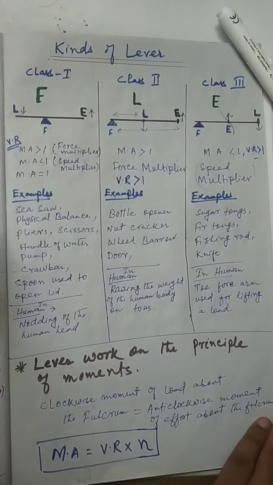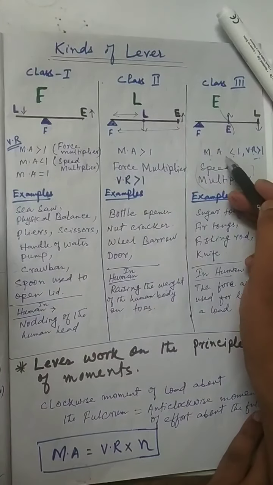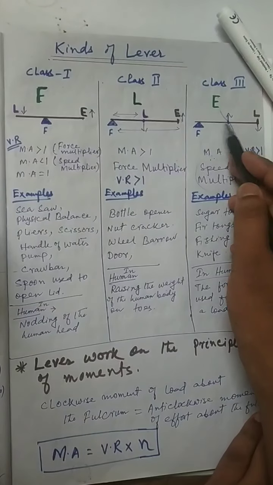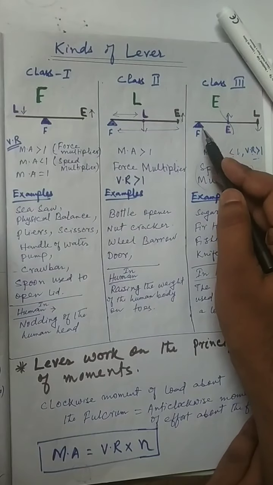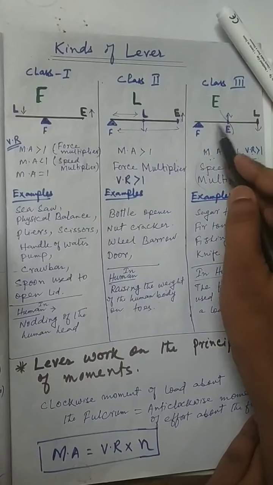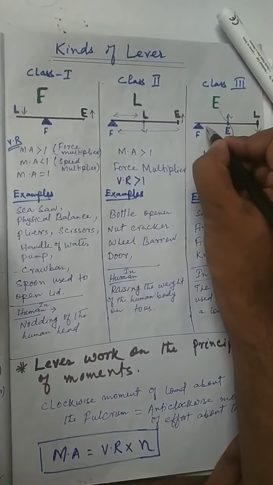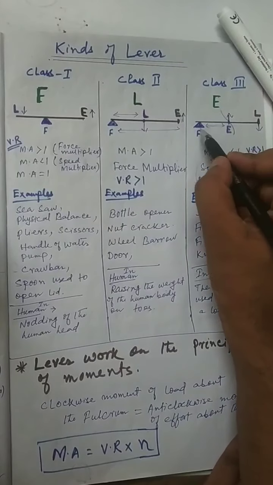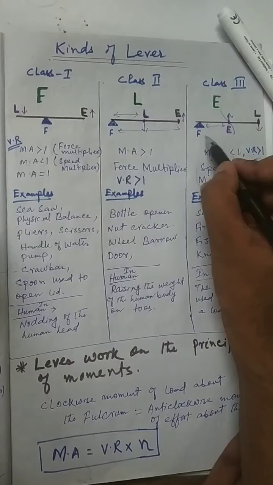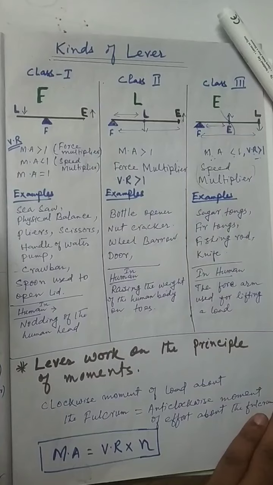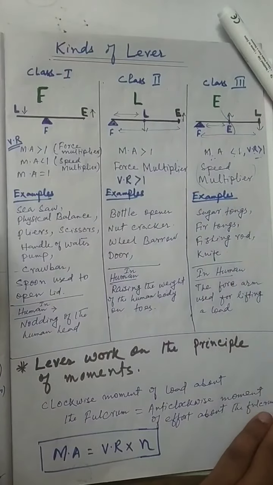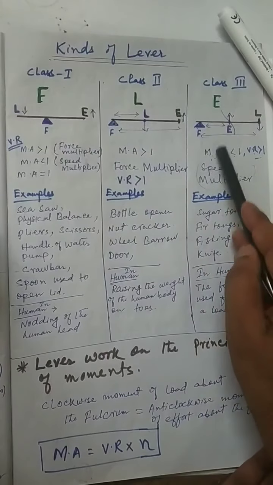Look at this, why is it less than 1? Here the distance between the fulcrum and effort is small, and the distance between the fulcrum and load is bigger. So that's why mechanical advantage is less than 1.